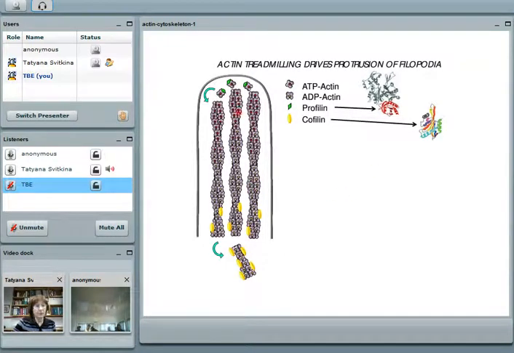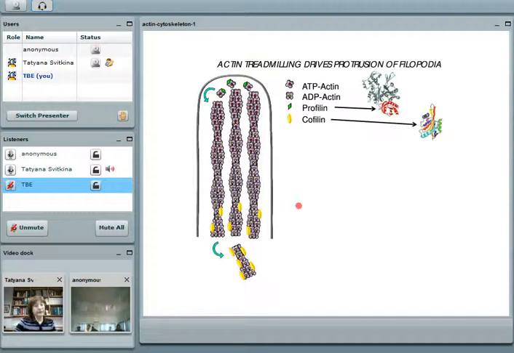This is how filopodia function. They have these long actin filaments with barbed ends at the membrane. Profilin-actin complexes are added to the barbed end. Cofilin acts at the rear and severs these actin filaments. These actin filaments treadmill while polymerizing, pushing the membrane forward, and in the rear they are recycled.